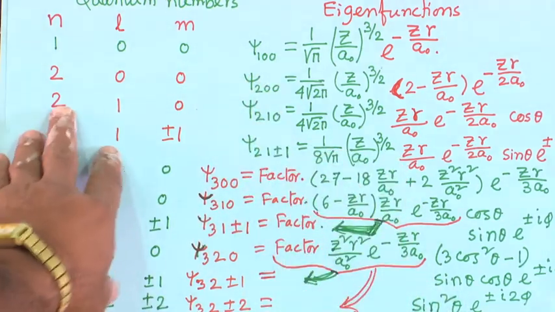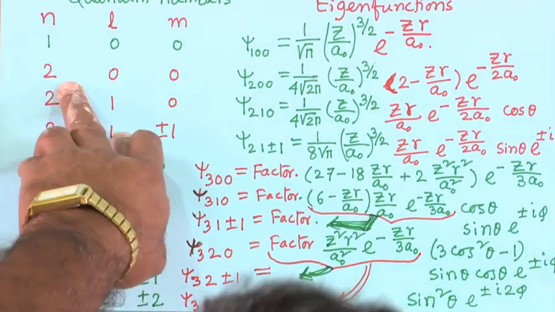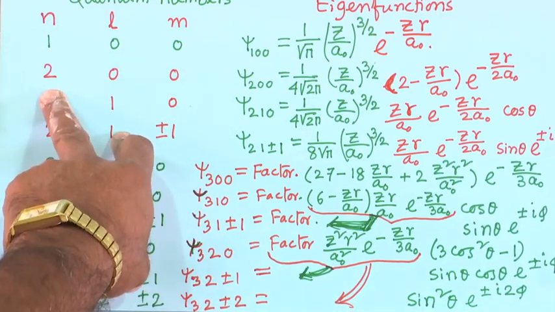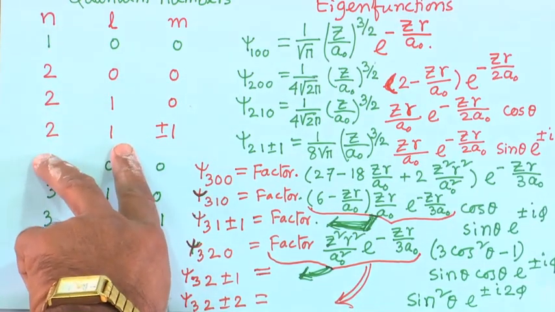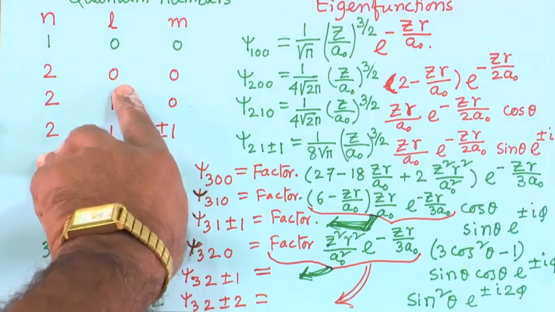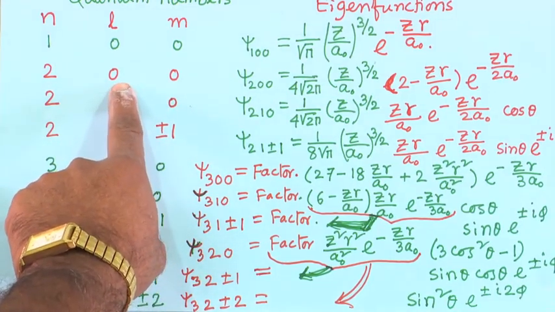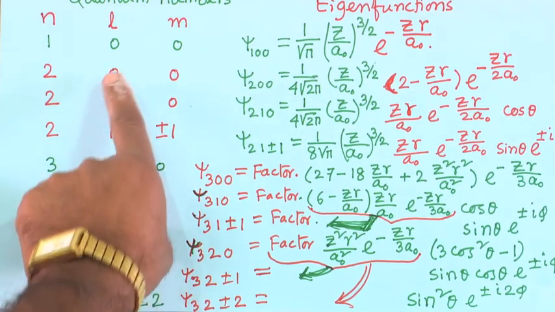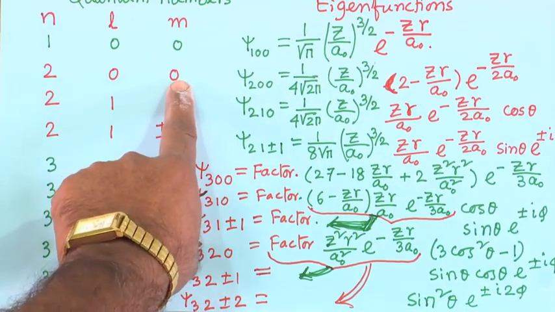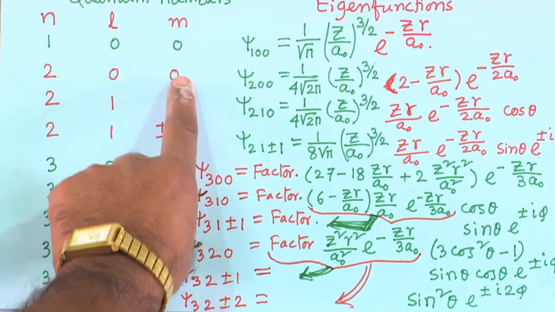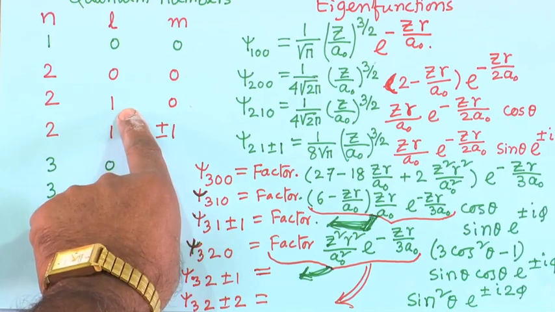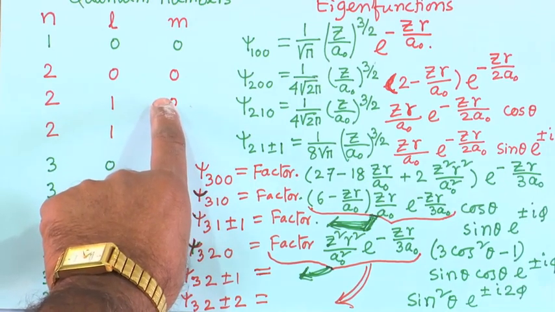Similarly, you can do this for n equal to 2. You will have L equal to 0 and 1, and the corresponding m value for L equal to 0 is 0, and for L equal to 1 it will be 0 and plus minus 1.